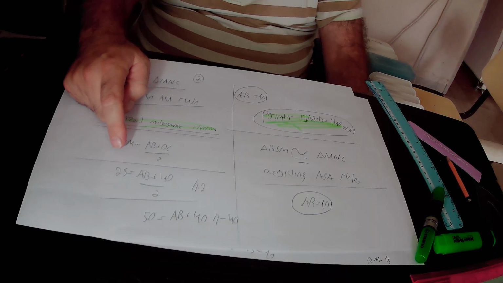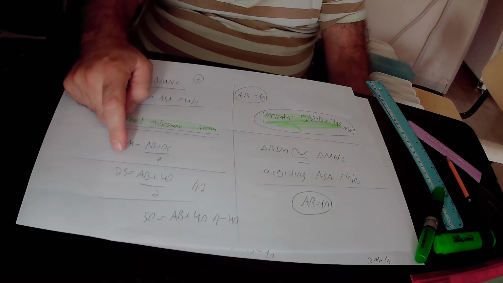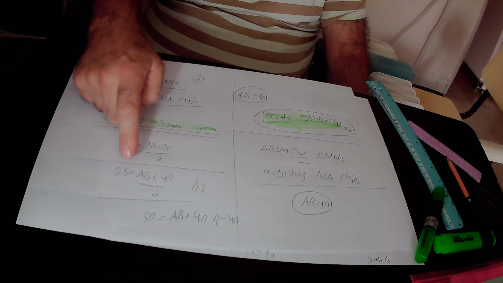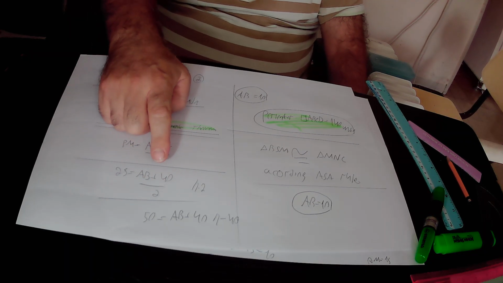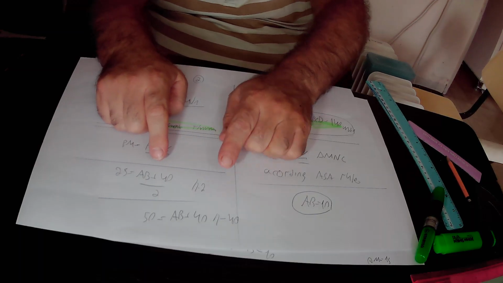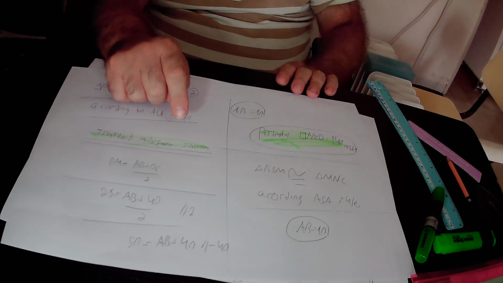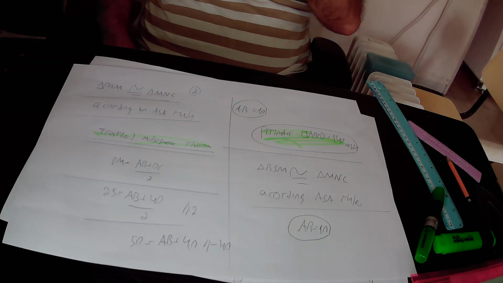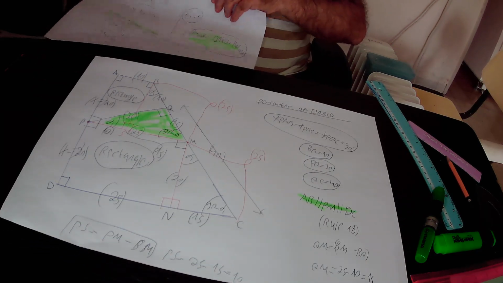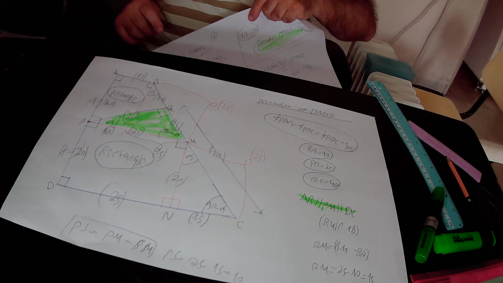Here we multiply the equation by 2, and 25 times 2 is 50, so 50 equals AB plus 40. Here we subtract 40 from the equation, and we find that AB equals 50 minus 40, that is 10. AB equals 10 units in length. This is the missing side AB, it equals 10 units in length.